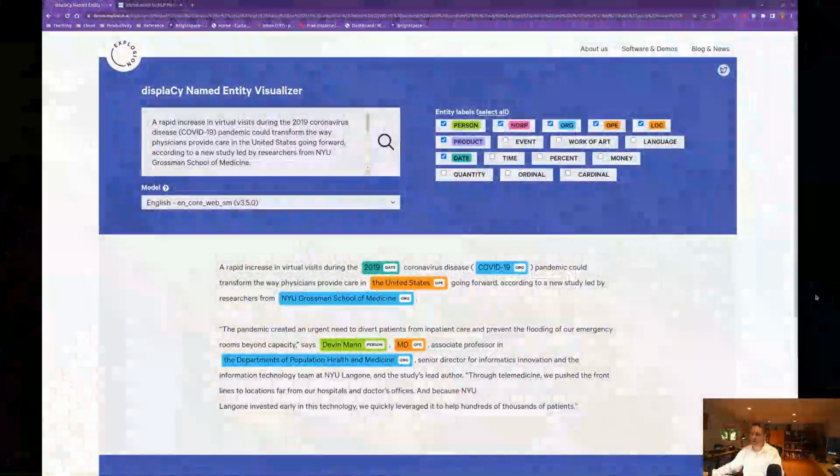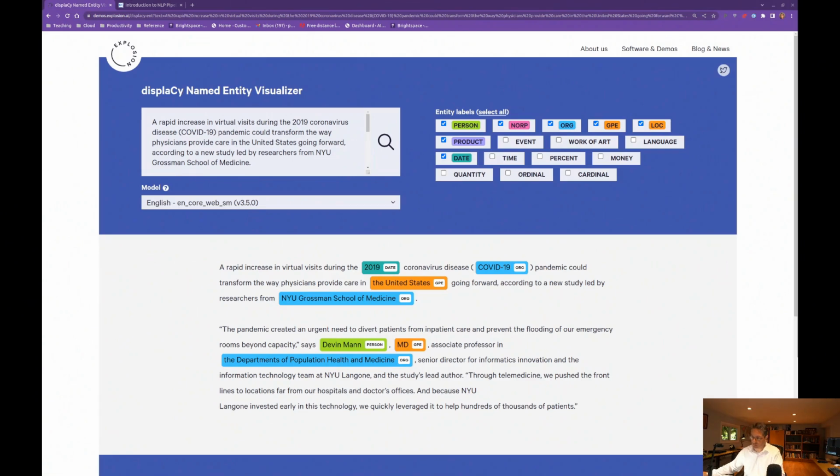In this paragraph, the purpose is to identify and classify, by classification, the category that corresponds to every word, at least those words that correspond to so-called named entities. In this case, 2019 is obviously a date, and it's classified as such. The United States is a geographical entity and is classified as such, and NYU Grossman School of Medicine as an organization, and so on.